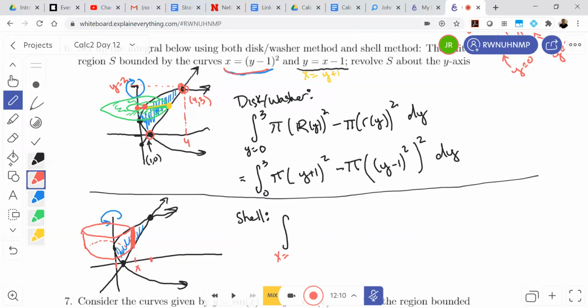And in this case, that's going from 0 up to 4 of 2 pi times the radius times the height. Now, what we see is that the radius is just going to be from this axis of revolution, that's x equals 0, up to our arbitrary x value that we're interested in. So our r of x is just equal to x.